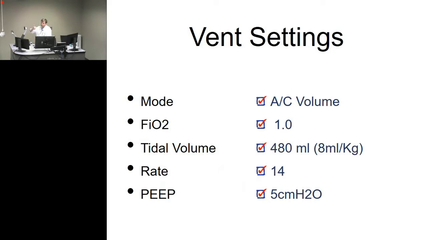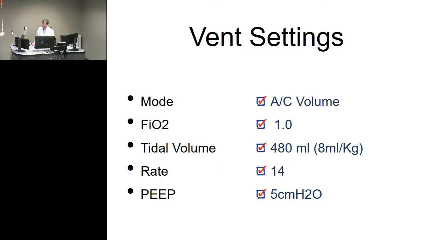So that bumps your hazard ratio up really high that you're going to induce harm, and that's a cumulative effect. Every mL per kilo above is an extra 1.2 hazard ratio. So you do want to get them down low as much as possible. We say it's okay to leave them at 8 mLs per kilo because you're just trying to get them to sink, and then over the next hour or two, start to wean that tidal volume down.